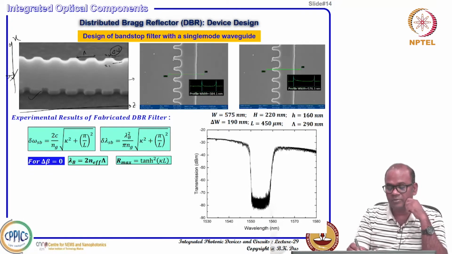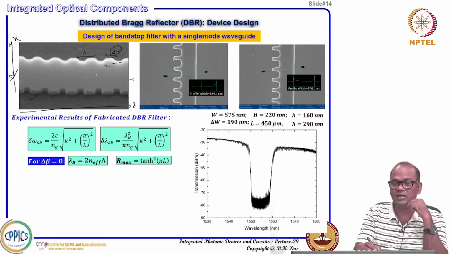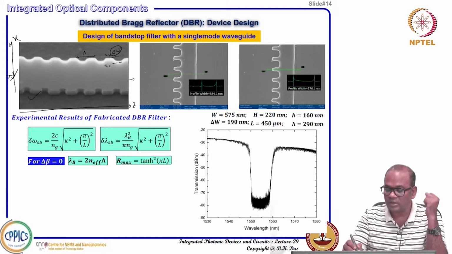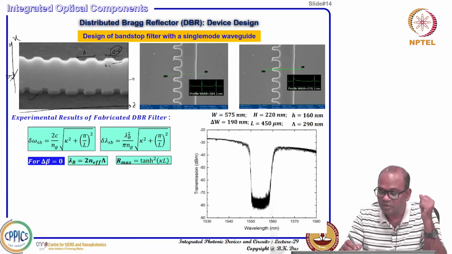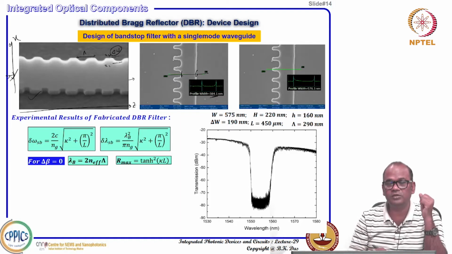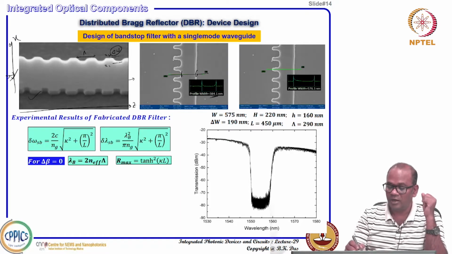You need not necessarily have grating on both sides, you can have one side also. For example, here in the same scanning image, from this point to this point the width is 384 nanometer, and this one is around 150 to 200 nanometer. That way you can also design a DBR structure.